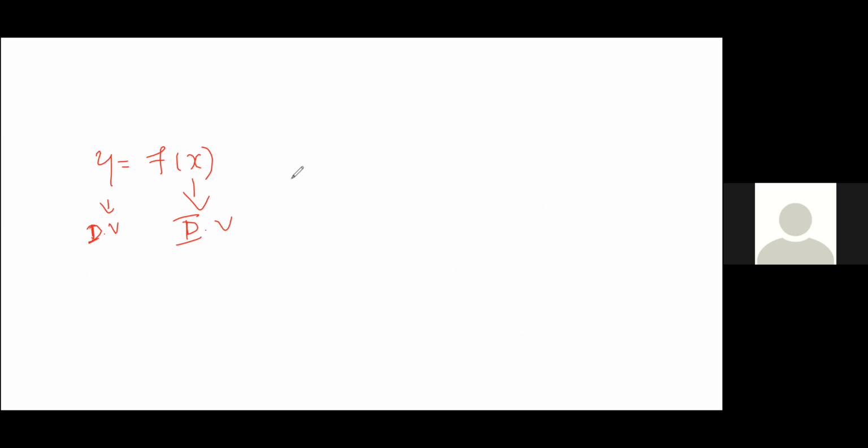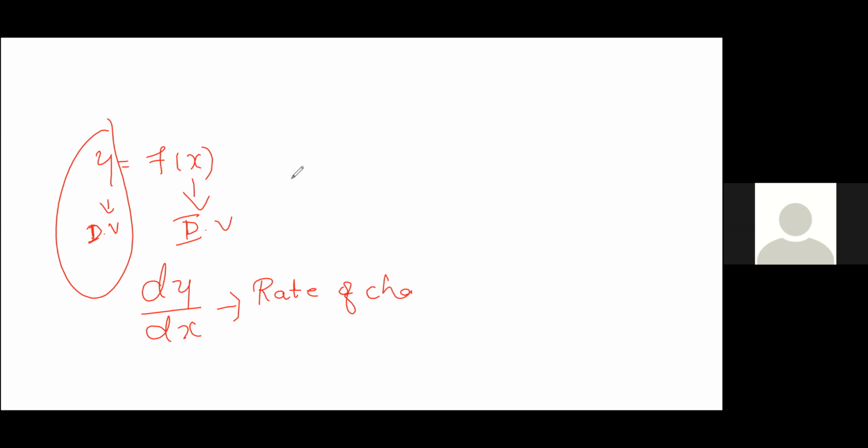Right. So here, if you want to find out the rate of change of y, which depends on x, that means dy by dx will indicate the rate of change of y with respect to x.